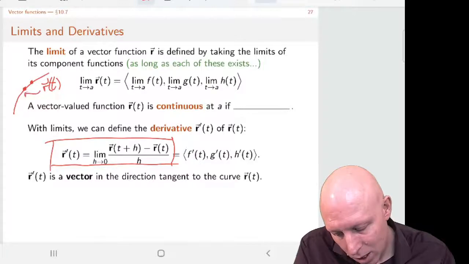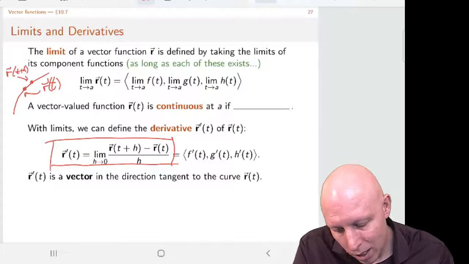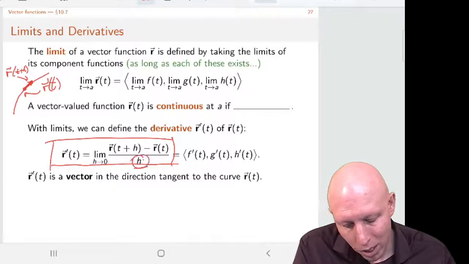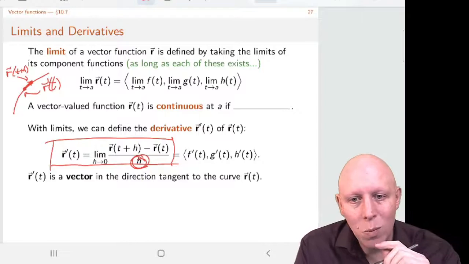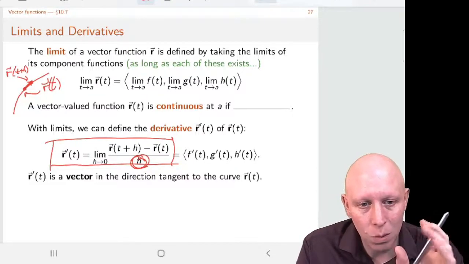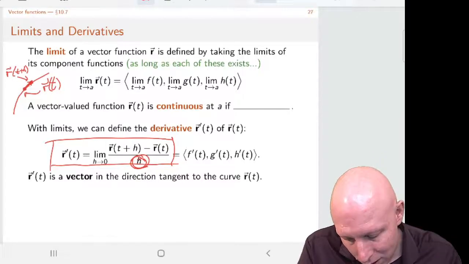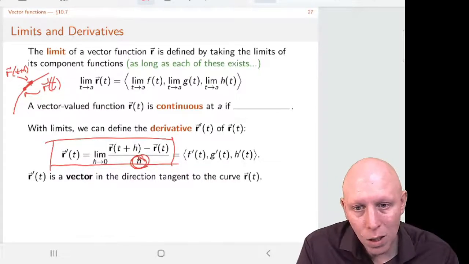So this is r of t, here's r of t plus h, and we let this distance get smaller and smaller, but we divide by that time interval. So as that time interval gets smaller and smaller, this vector gets smaller and smaller.